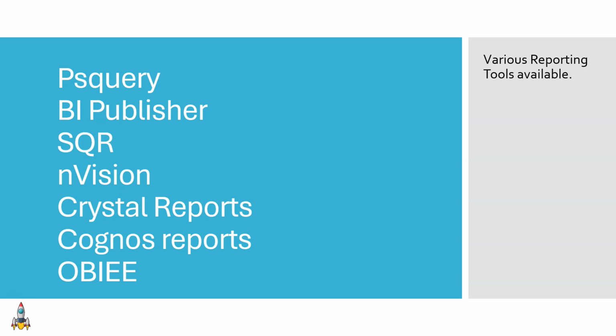And finally, we have OBIEE, which stands for Oracle Business Intelligence Enterprise Edition. It's an Oracle reporting tool. However, this can also be integrated with the PeopleSoft system for reporting purposes. So this is just a list of a wide range of reporting tools available to work with PeopleSoft. And now let's start our journey about PSQuery.